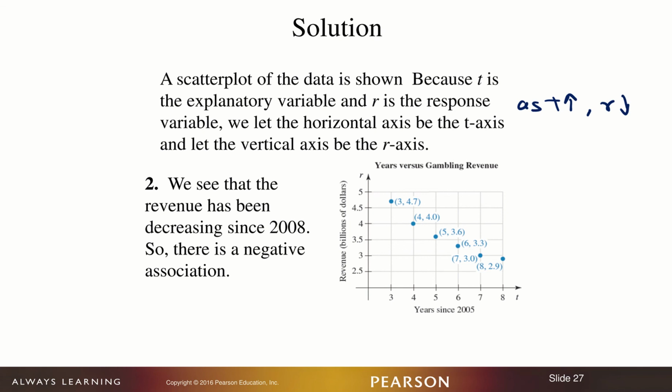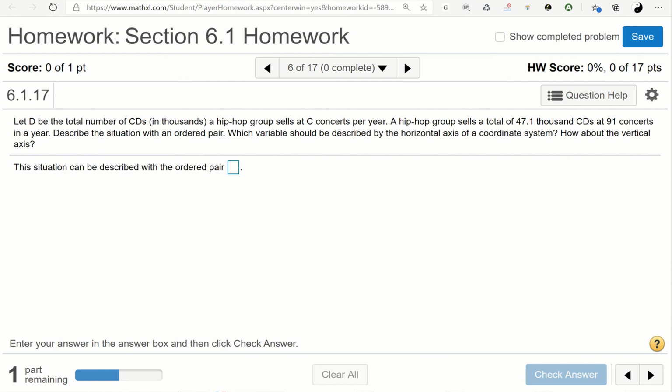Now let's go ahead and take a look at a few problems you may encounter on the homework set. All right, so in this example, we're looking at D being the total number of CDs in thousands that a hip-hop group sells at C concerts per year. A hip-hop group sells a total of 47.1 thousand CDs at 91 concerts in a given year. Describe the situation with an ordered pair.